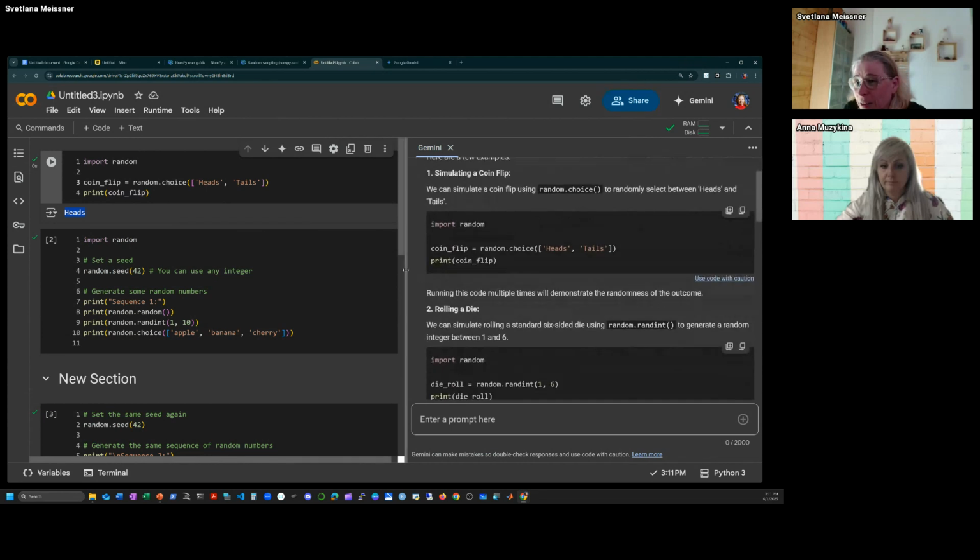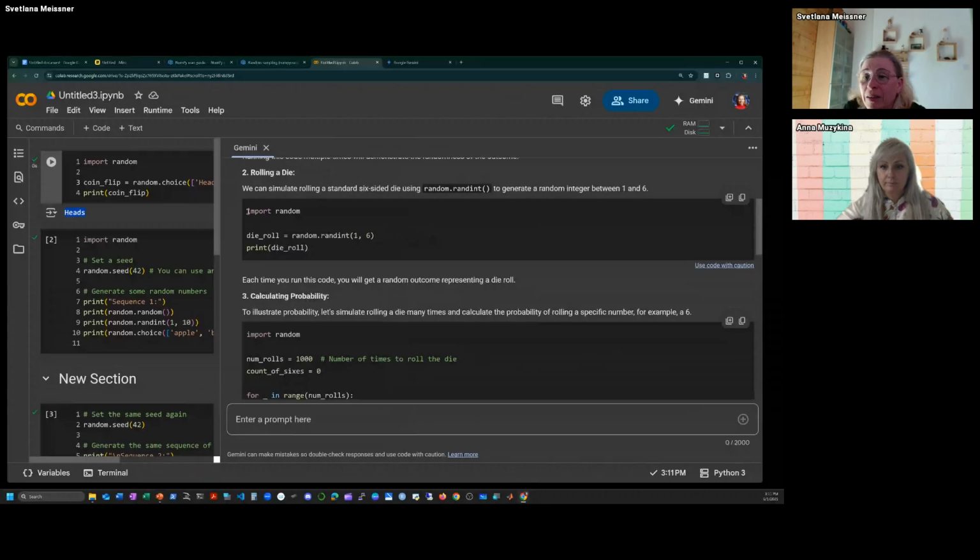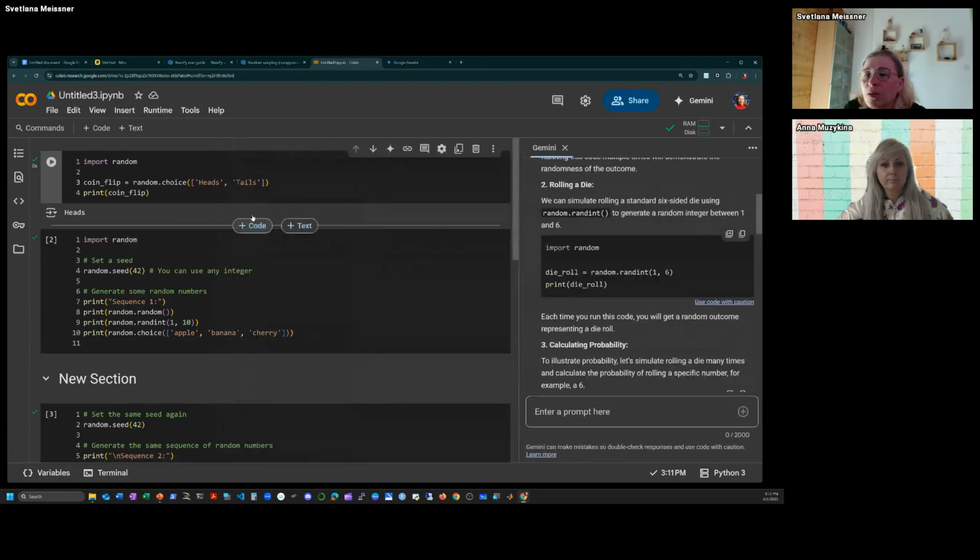So what else do we have? This is again playing, rolling a die. In Python, we can import random, and then call the function random randint from 1 to 6, and then print the die roll. Let's copy this one and see how it works.